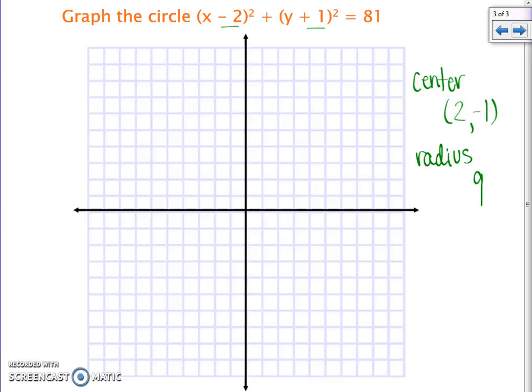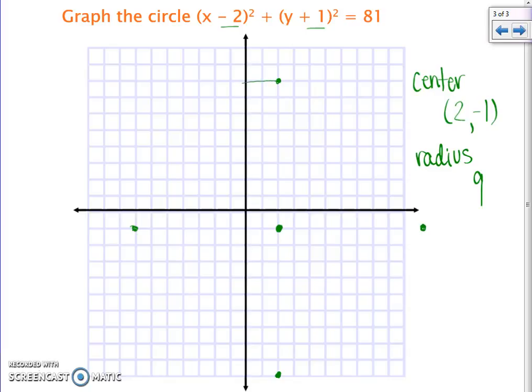So here's how you're going to need to graph these. You're going to go to 2, negative 1. And this is what I'm going to require for the test. You need to have 4 dots going up, down, left, and right that we're going to connect together as a circle. But each of those are going to be 9 units long. So we're going to go up 9. We're going to go left 9, down 9, and right 9.